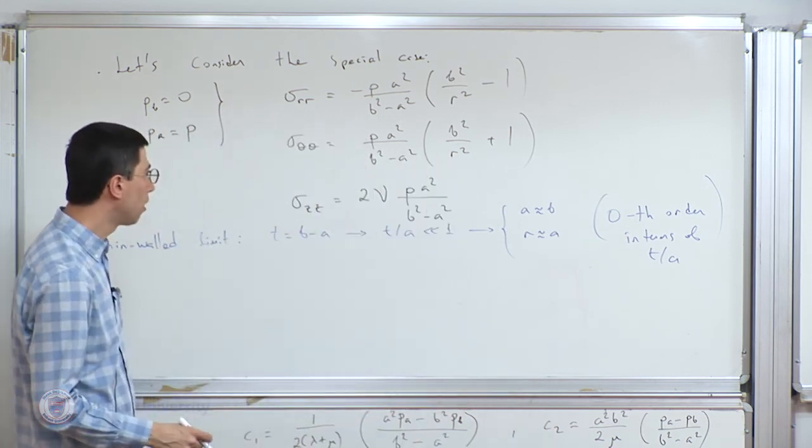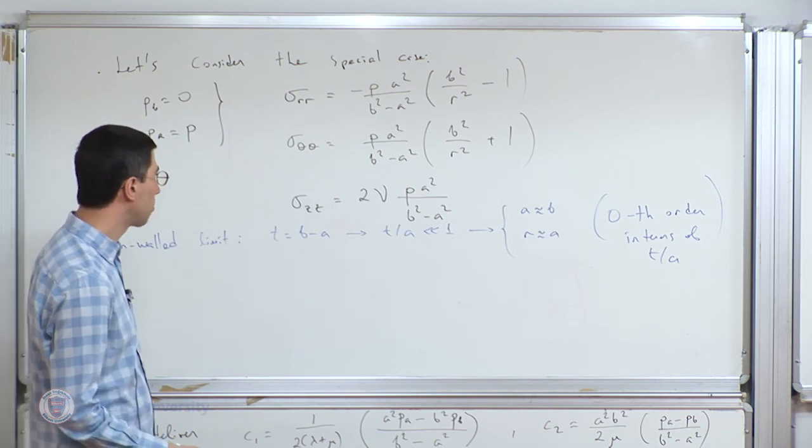But for T over A going to really 0, that's the approximation we can make.